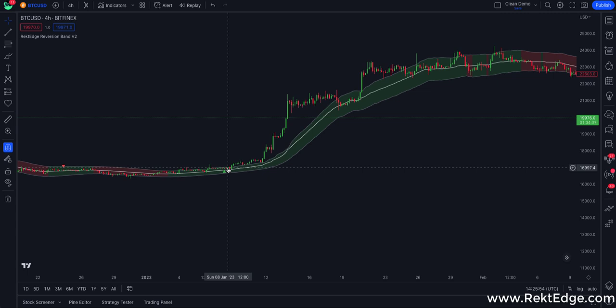You could place your stop loss slightly below the midpoint to keep the risk low, or you could place it below the bottom boundary of the band to avoid getting wicked out, especially considering this is a higher time frame trade on the 4-hour chart.